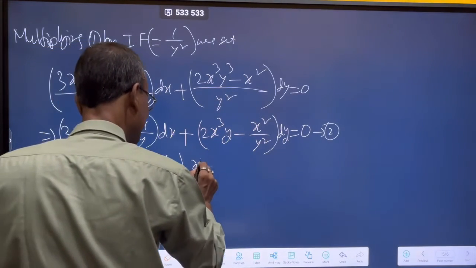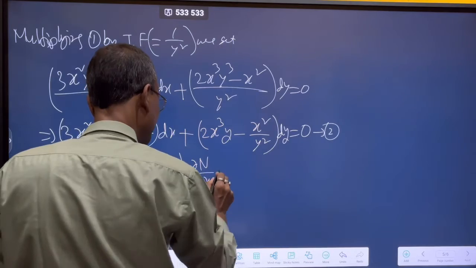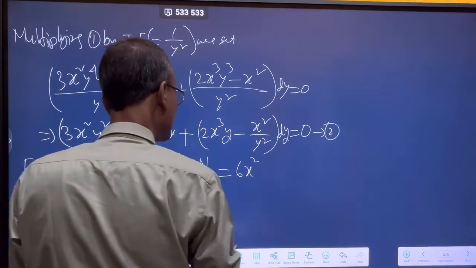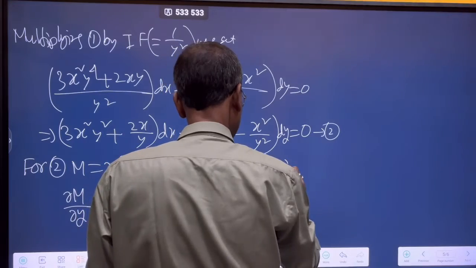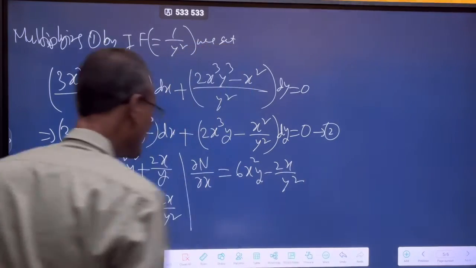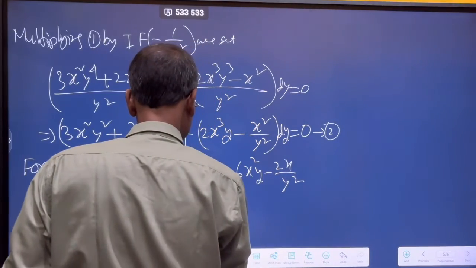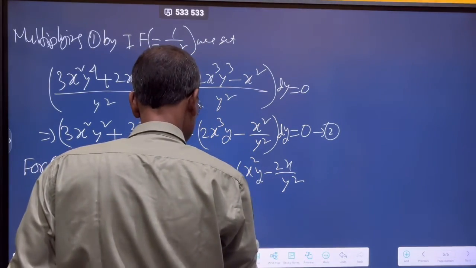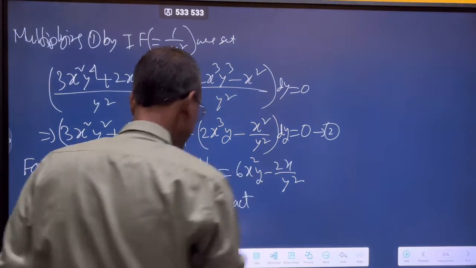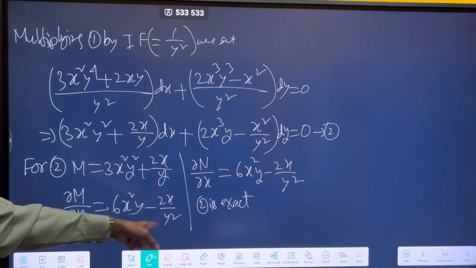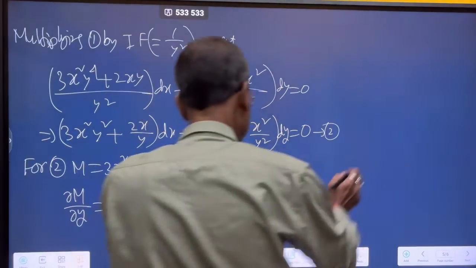Del N by del x equal to 6 x square y minus twice x divided by y square. Therefore, 2 is exact, since del M by del y equals del N by del x.